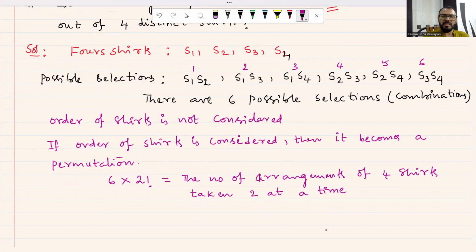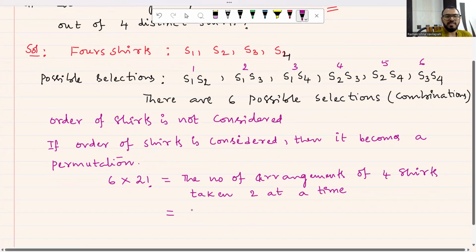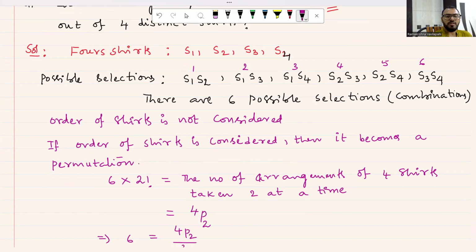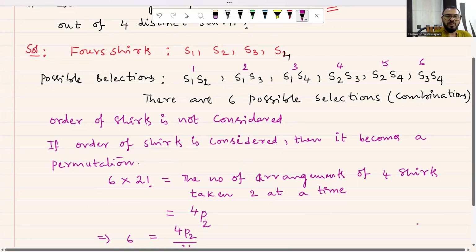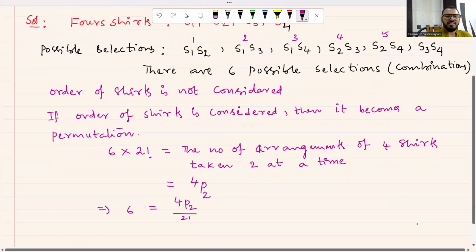When we are doing an arrangement, it becomes a permutation. So, according to the formula, this is nothing but 4P2. Therefore, I can write that 6 is equal to 4P2 by 2 factorial. All right. So this is equal to 4P2 by 2 factorial.